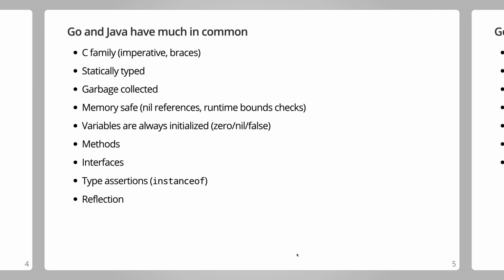For instance, if you have a reference or a pointer to something, then its 0 value is nil. It has support for methods, interfaces, type assertions, and reflection. We won't talk much about reflection in this course, but it's a feature that modern programming languages have, and allows you to decide at runtime what code to execute and stuff.